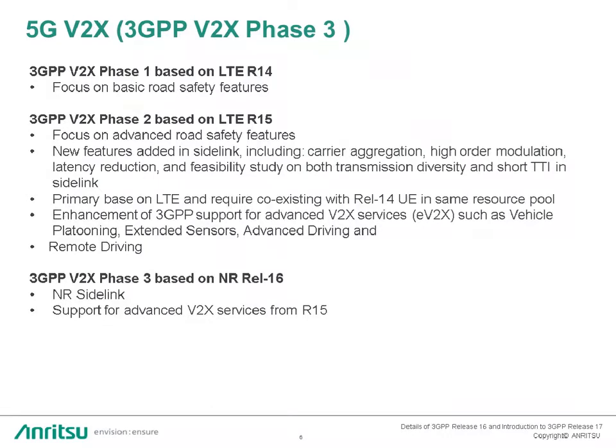Then also some advanced use cases were supported, and this was done as an overall network enhancement to support advanced V2X services such as vehicle platooning, extended sensors, advanced driving, and remote driving. Then after 3GPP V2X Phase 2, in release 16, this evolved into 3GPP V2X Phase 3, where it is evolved into V2X based on NR.